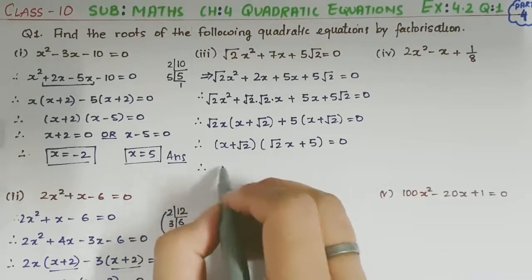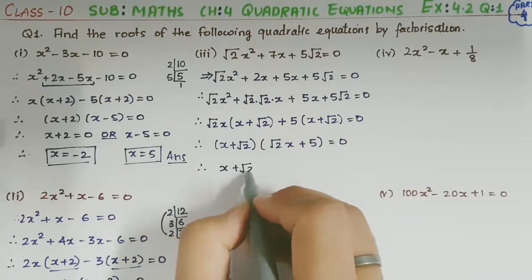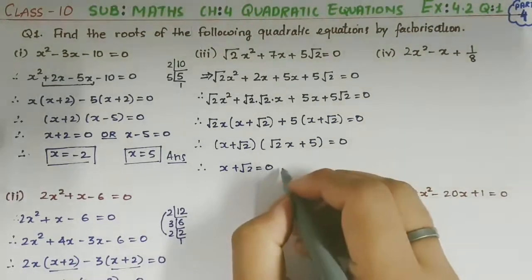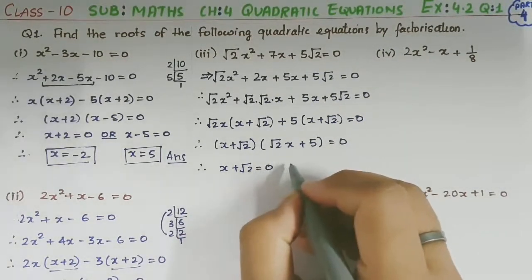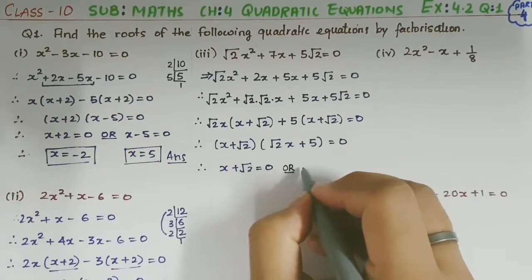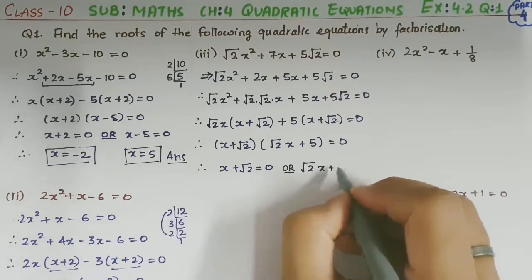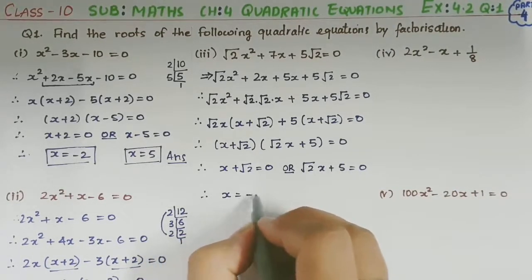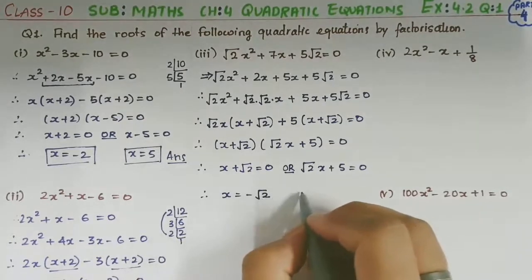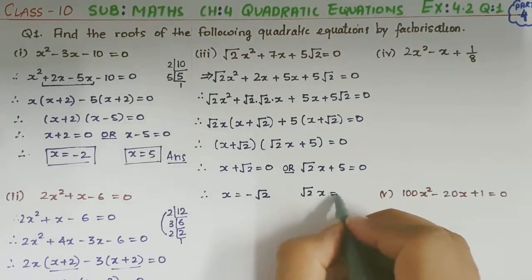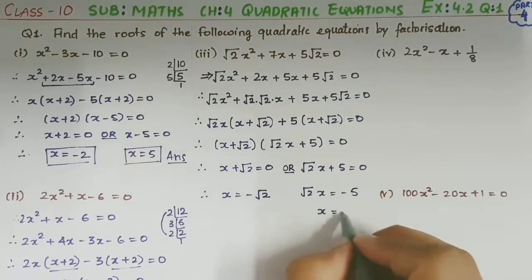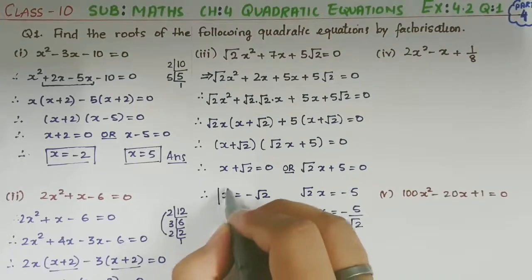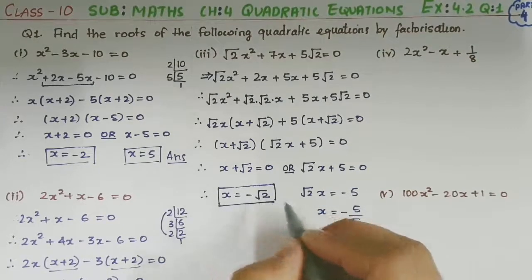Okay, now x plus root 2 equals to 0, or root 2 x plus 5 equals to 0. Therefore x equals to minus root 2, and x will be minus 5 upon root 2. Okay, so this will be the answer.